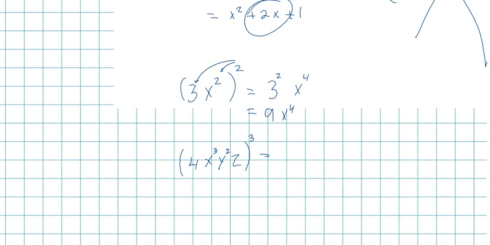And x to the power of 3 times 3 is 9. Z to the power of 6. Y to the power of 6. And z to the power of 3. Okay? And then you can do 4 to the power of 3, which is 64 x to the power of 9 y to the power of 6 z.